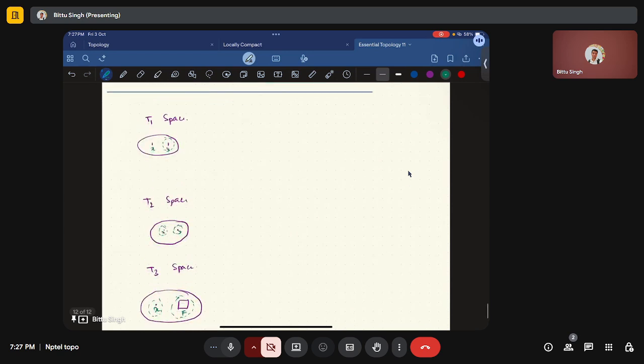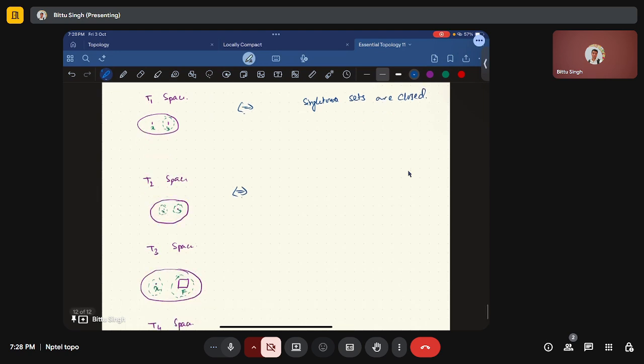So for T1, the equivalent criterion is: if and only if singleton sets are closed. For T2, the equivalent criterion is that the diagonal in X cross X is closed.